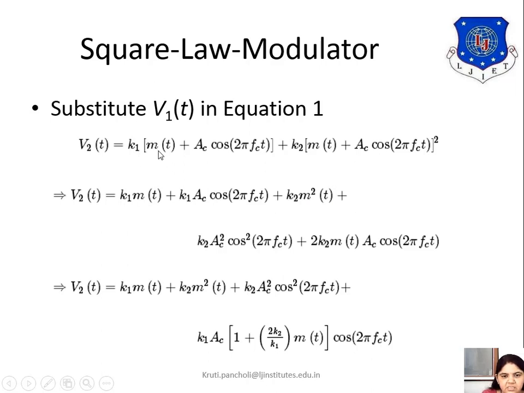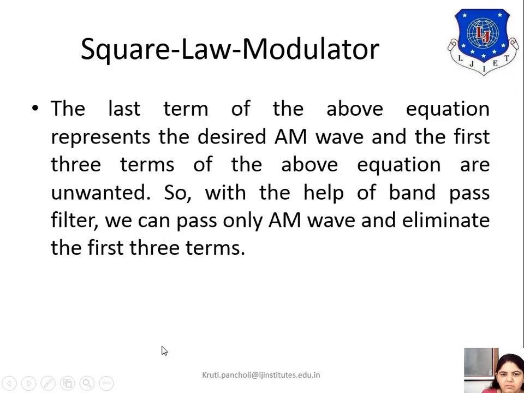Similarly, we take k1 inside. So k1 m(t) plus k1 Ac cos 2 pi fc t plus k2 m square t plus k2 Ac square cos square 2 pi fc t plus 2 k2 m(t) Ac cos 2 pi fc t. It is equal to k1 m(t) plus k2 m square t plus k2 Ac square cos square 2 pi fc t plus k1 Ac [1 plus 2 k2 upon k1 m(t)] cos 2 pi fc t.